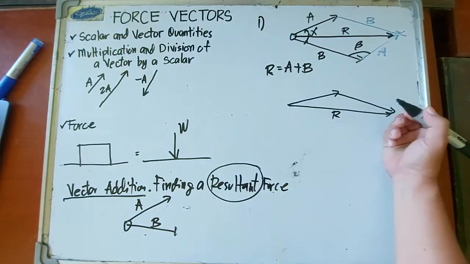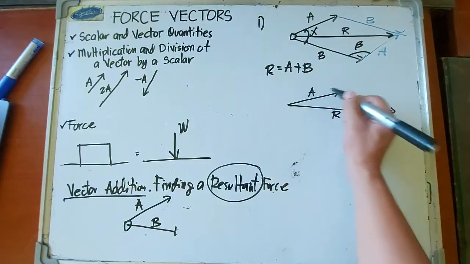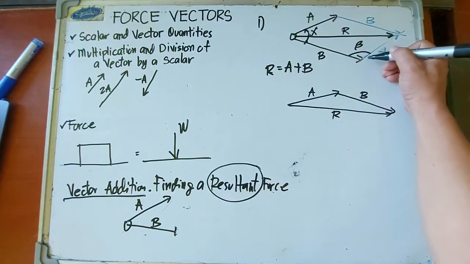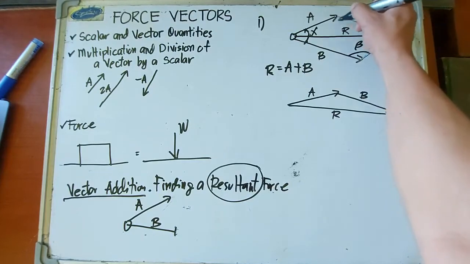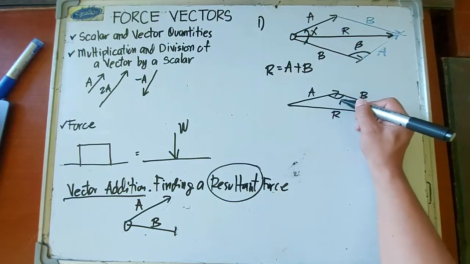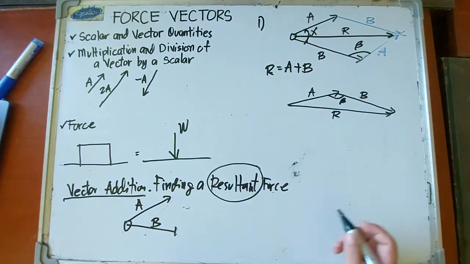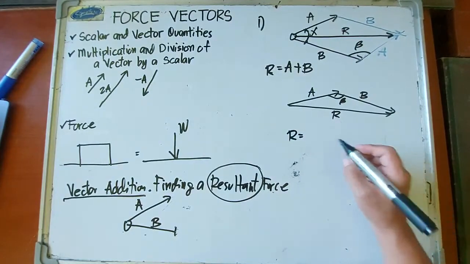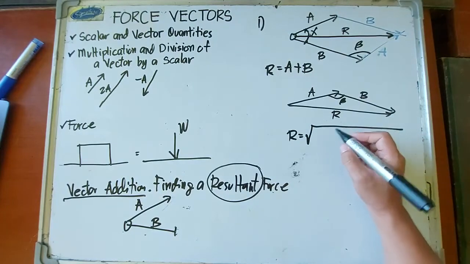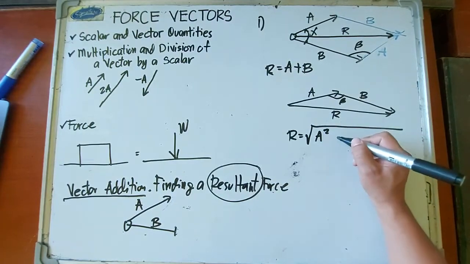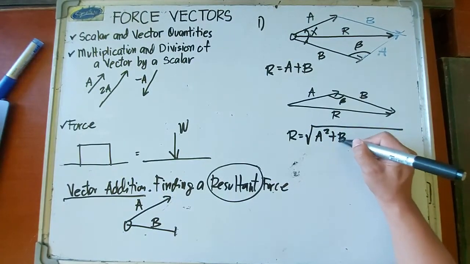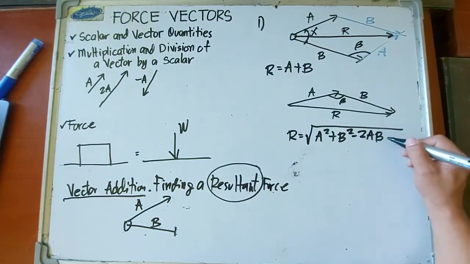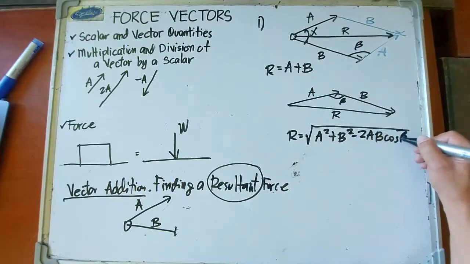So this is the resultant force. This is force A, force B. Since parallelogram to, if this is angle beta, this is also angle beta. So the resultant using cosine law is equal to square root of A squared plus B squared minus 2AB cosine beta.